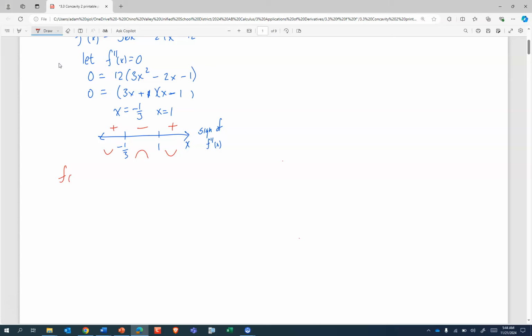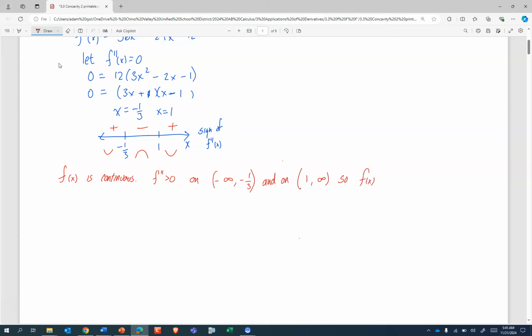So, justification: f is continuous. F double prime of x is greater than 0 on negative infinity to negative 1/3 and on 1 to infinity.